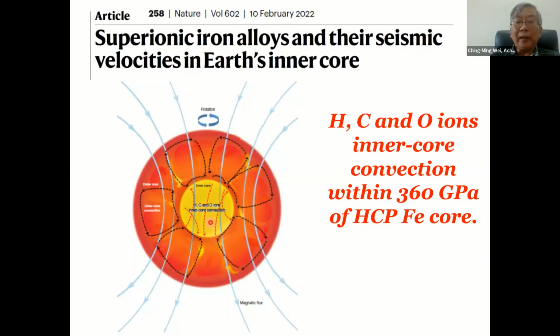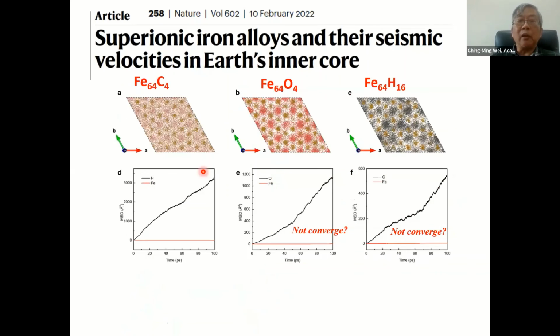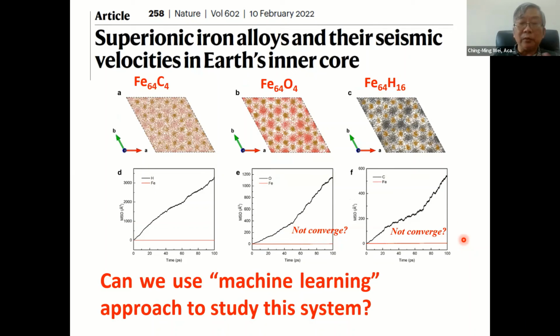They found that in the hydrogen, copper, oxygen inner core there is convection under this high pressure. They did DFT calculations with only a very small system of 64 ions of copper and oxygen, and you see that the root mean square displacement is not a straight line, which indicates it is not converged. So can we use this kind of machine learning approach to study the system?